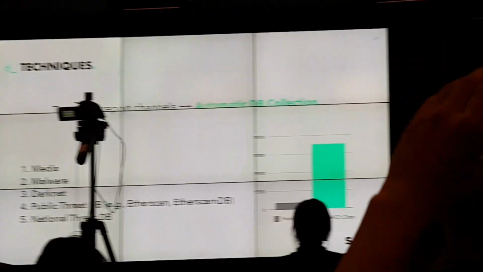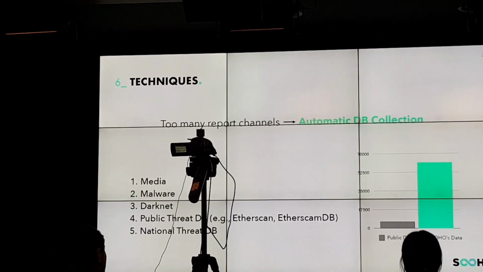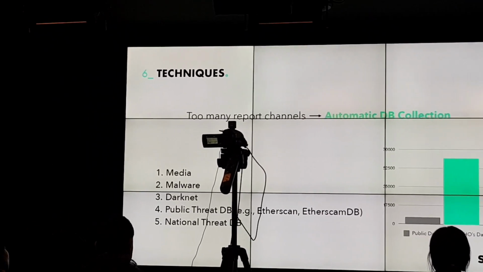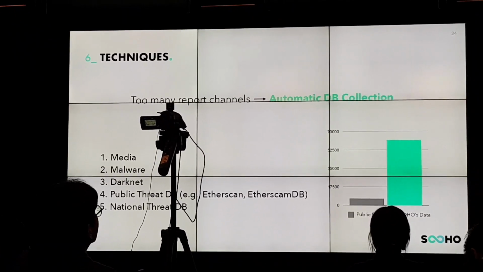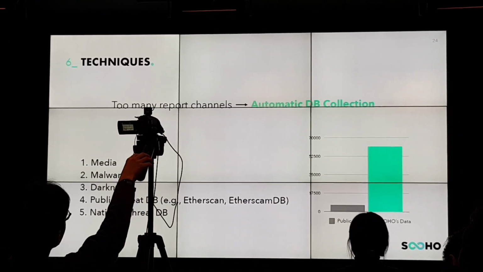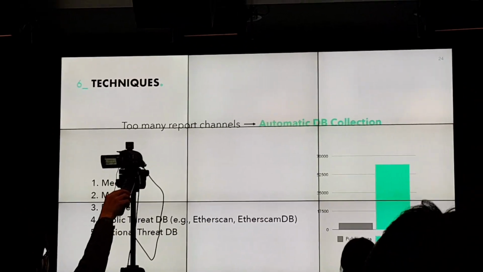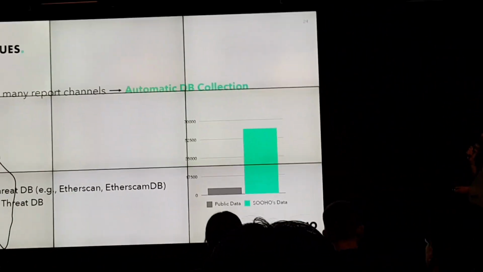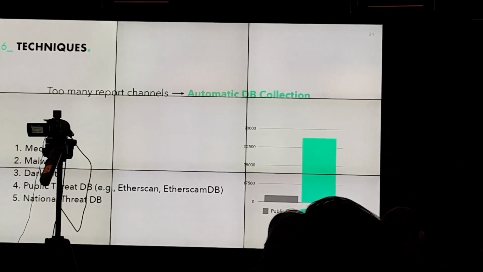And there are too many different channels, so we automated the data collection process. As a result, our database is 20 times bigger than the public data.